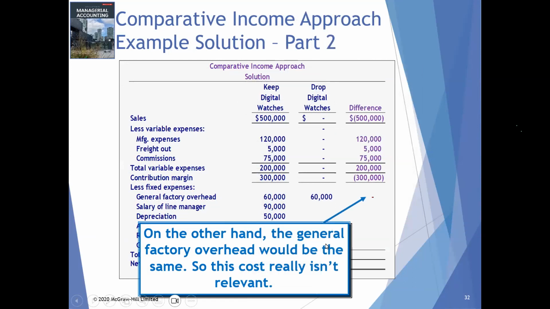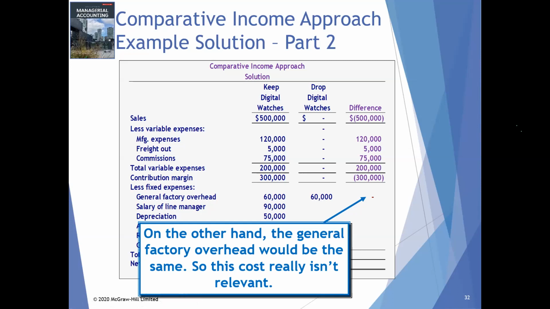On the other hand, the general factory overhead would be the same. It's not going to change, so this cost really is not relevant. The $60,000 is expenditure whether we keep or drop the digital watch line; the fixed general factory overhead is not going to change.